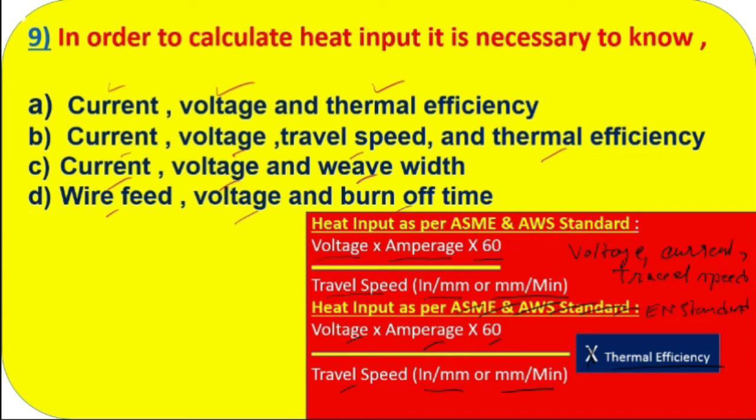So they are adding in the European standard voltage, current, travel speed, and the last one is thermal efficiency. So the correct answer: voltage, current, travel speed and thermal efficiency. B is the right one. So the answer is B, option B.